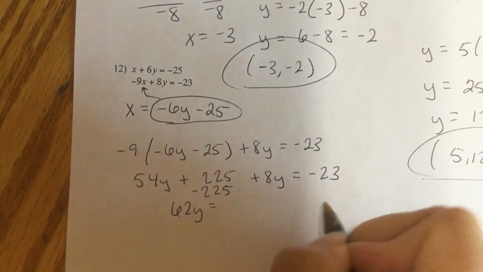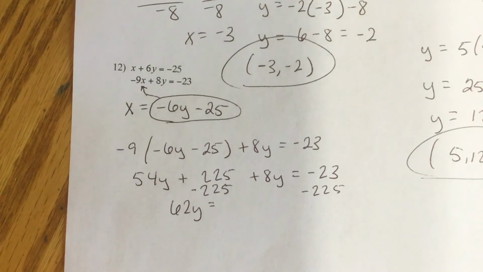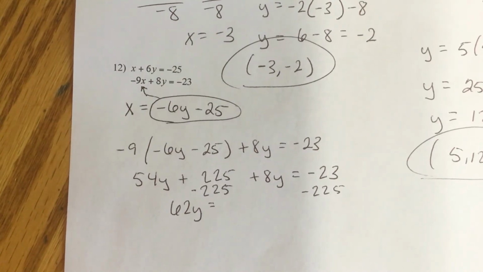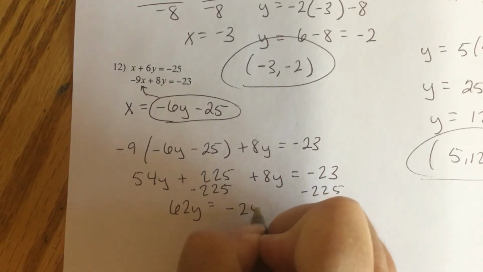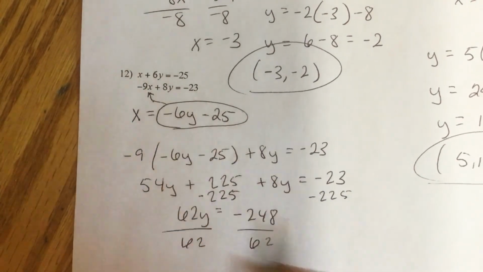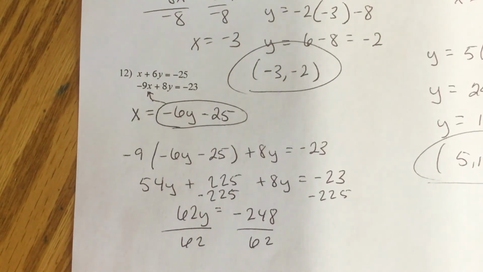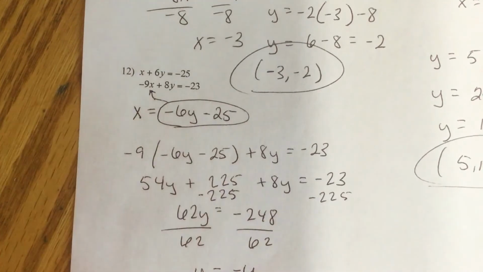We're going to subtract 225 from both sides. So 225 and 23 is 248. And it'll be a negative. So now we're going to divide by 62. And we get 4. So y is equal to negative 4.